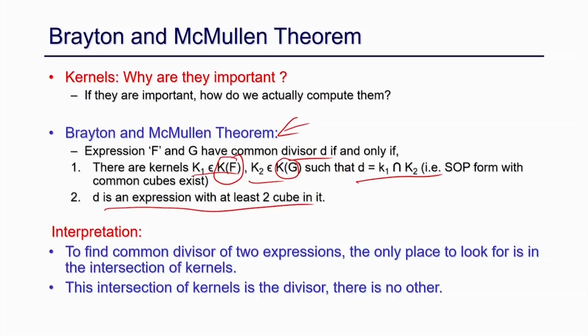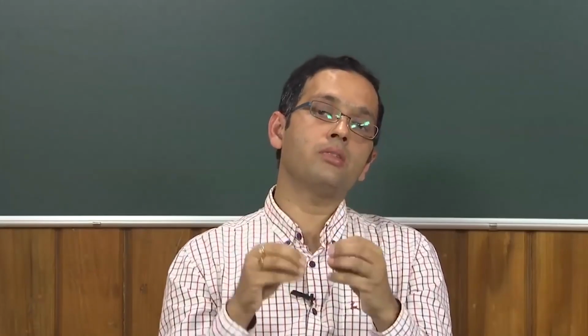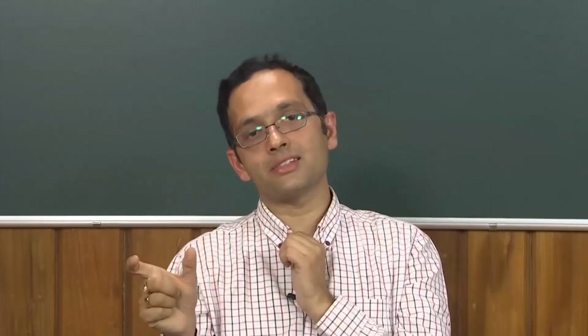So, the importance of this theorem is that whenever you try to find the common subexpression between these functions, you find all the kernels of these two functions, and then you take the intersection. If some common subexpression exists, it must exist in that intersection only.